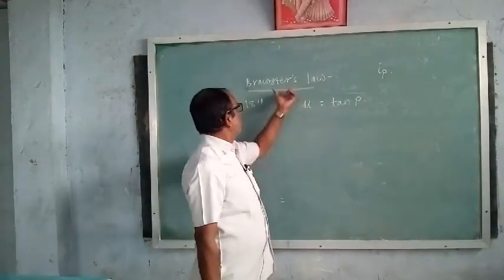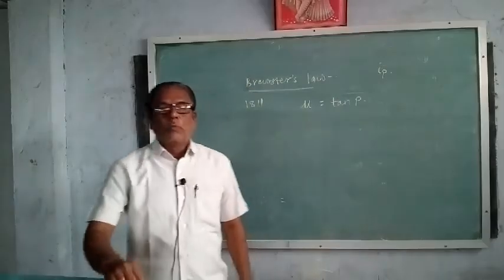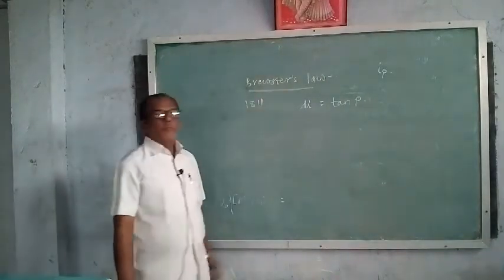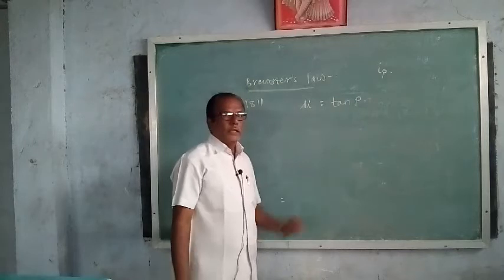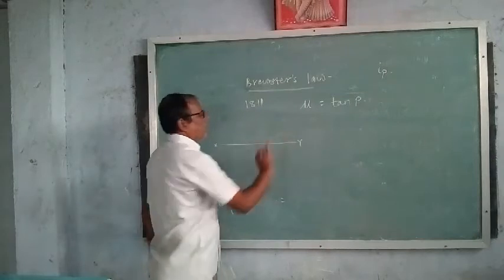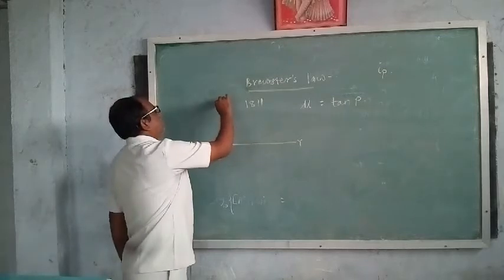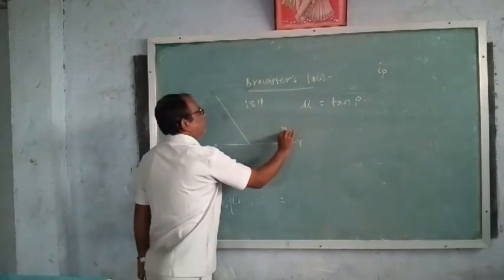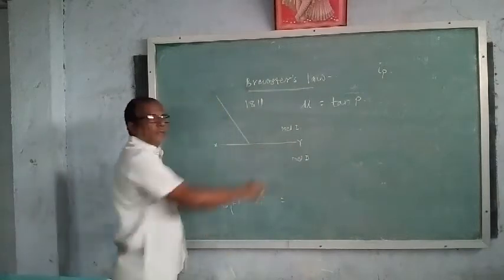So, to know about Brewster's law in detail, first of all, we must know what is polarizing angle, and then once again we will explain Brewster's law. So, to understand what is polarizing angle, suppose xy is a refracting surface, separating two media, this is medium 1 and this is medium 2. xy is the boundary.